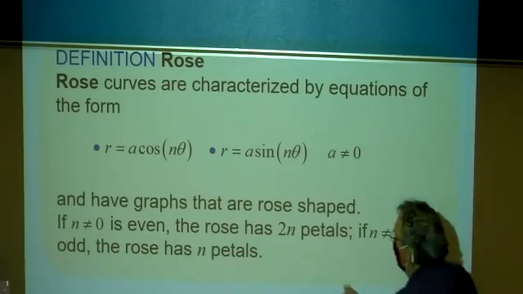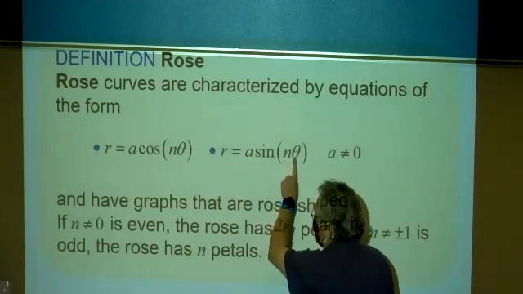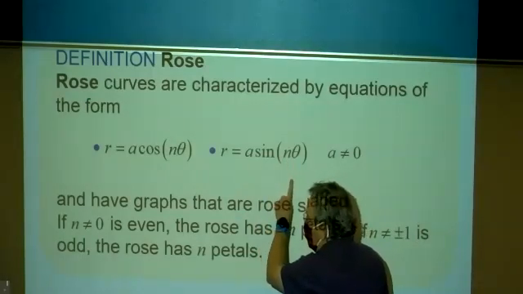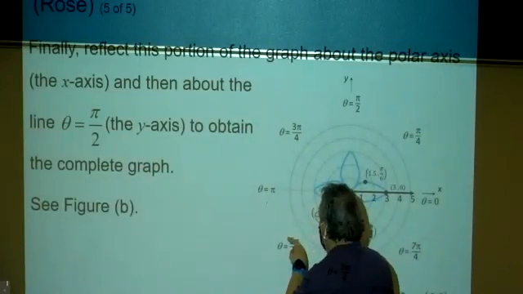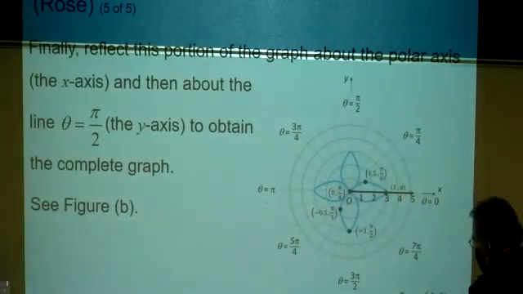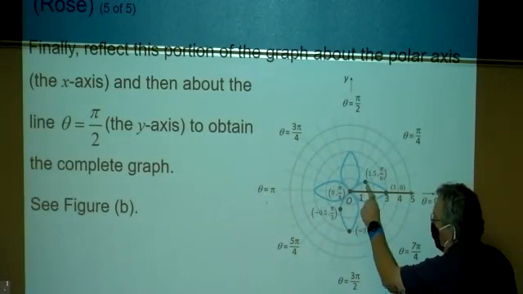So if you're multiplying theta by an even number, then it will have 2n petals. If we look back here, we were multiplying theta by 2 and we had 4 petals.